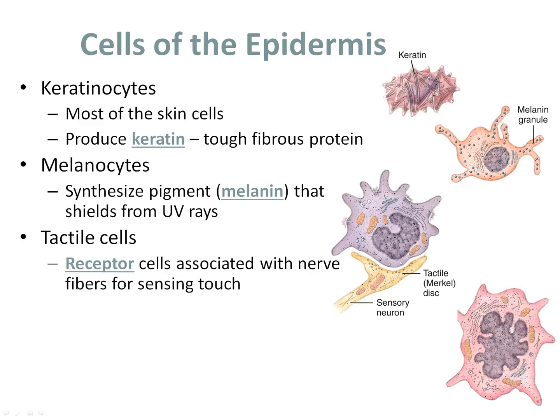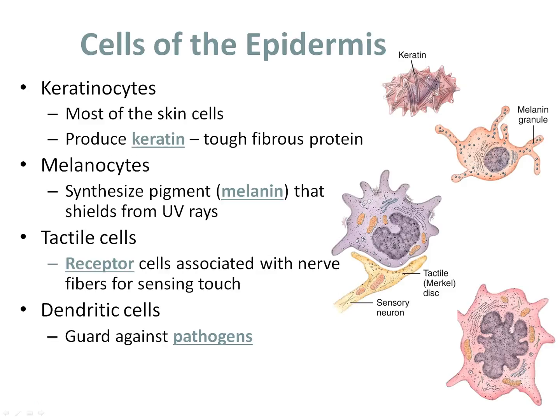We also have tactile cells. Tactile cells are receptor cells that are associated with nerve fibers for sensation. So the tactile disc is a sensory neuron that is in close proximity to a tactile or Merkel cell, and together that makes up the Merkel disc. The cell passes on information to the sensory neuron. And finally, we have dendritic cells, which guard against pathogens.